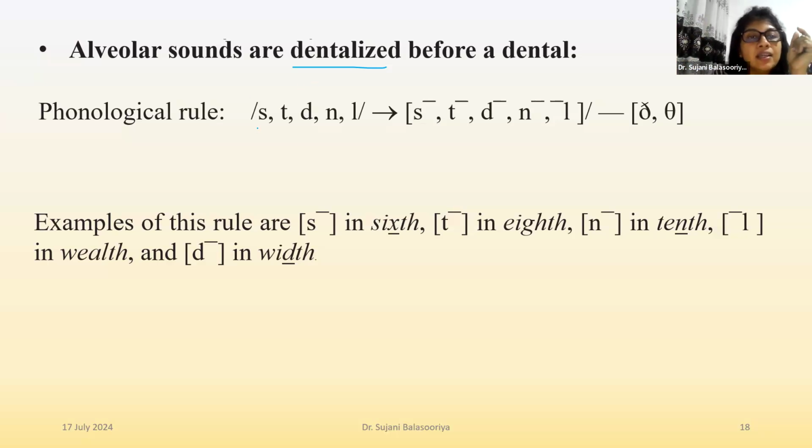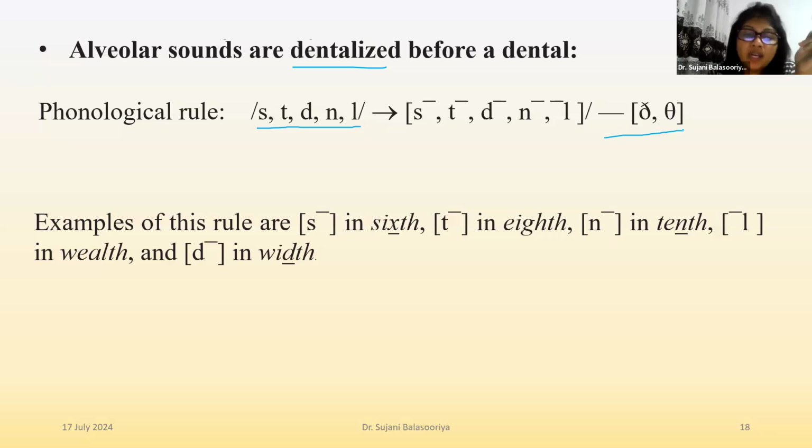These are the alveolar sounds, you know: s, t, d, n, l. These are alveolar consonants. But these alveolar consonants are pronounced by touching the tip or blade of the tongue with the upper teeth, not the alveolar ridge, right? Upper teeth, in front of a dental consonant.